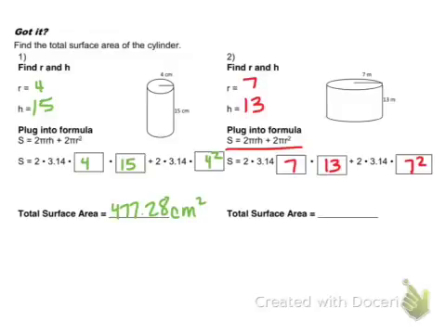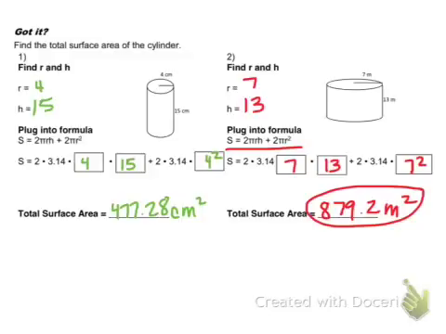Plug it straight into your calculator, just like you see it, and then get your answer from there. And so you get 879.2 meters squared. So there's your answer here, and here's your answer there. So that's for total surface area of the cylinder.